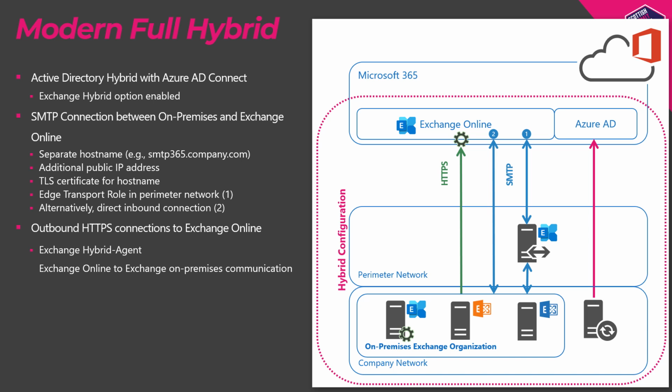The connection for Exchange Online connecting to your on-premises Exchange servers is done using something called the Exchange Hybrid Agent, which is a Windows service installed on your Exchange server or a domain member server that connects to Exchange Online using an outbound connection, which can even use an outbound proxy server.